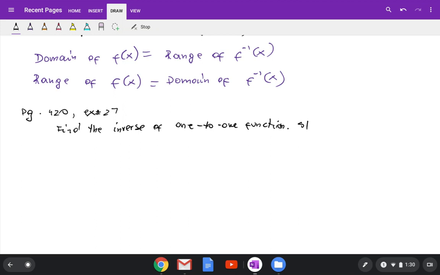And you need to state the domain and the range of the inverse.